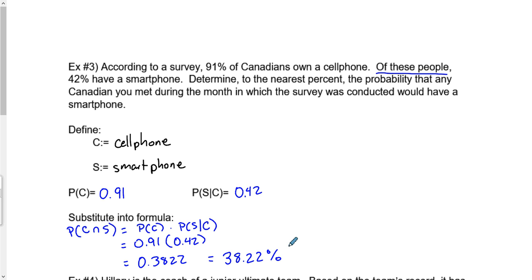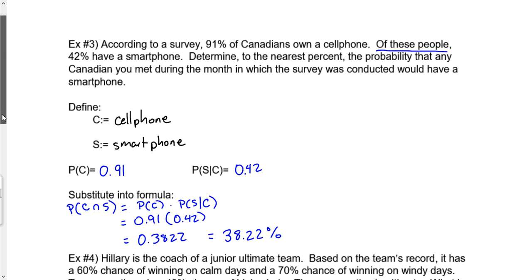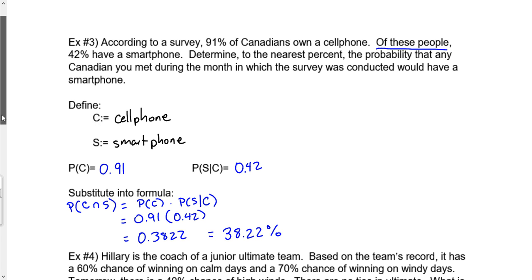Now, before you start thinking, oh, what does this actually mean? Aren't all smartphones cell phones? Not really. Because if you look at any kind of carrier, there are absolutely people who just have data. Well, that doesn't mean that you have a cell phone.